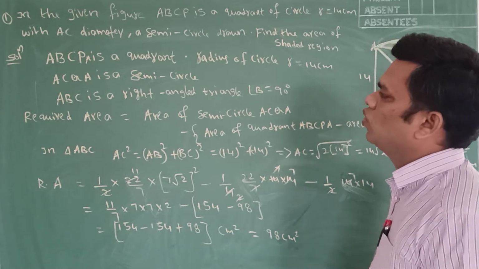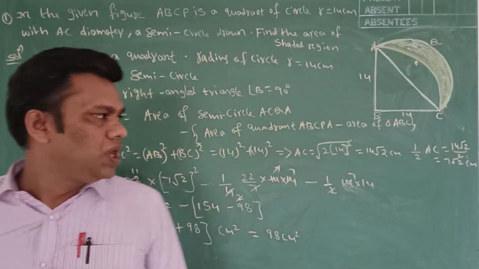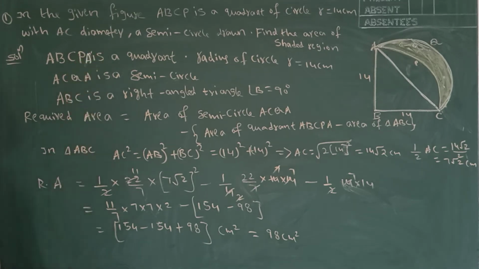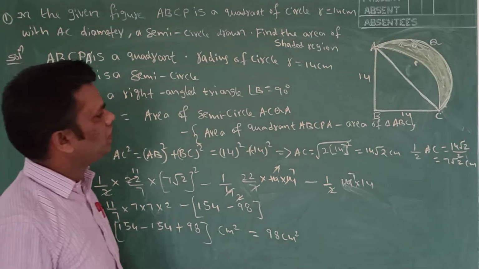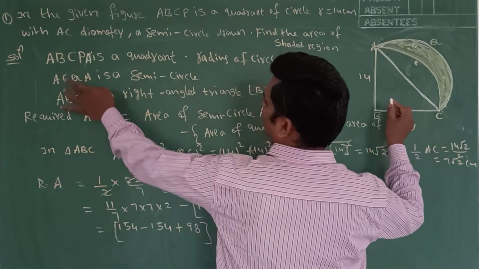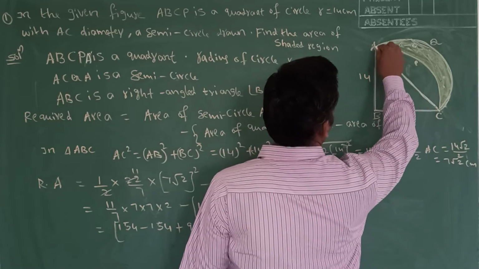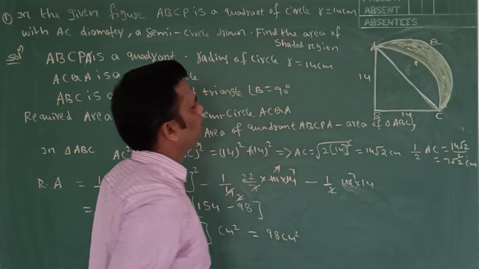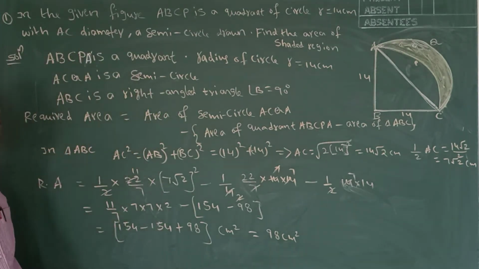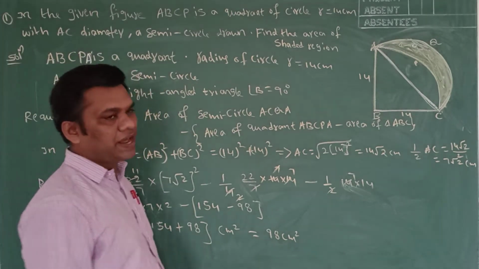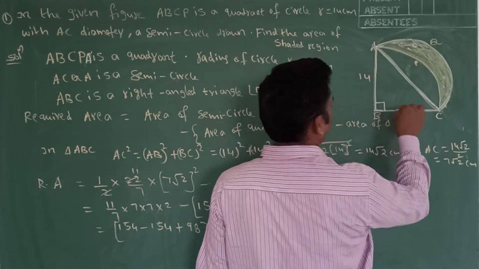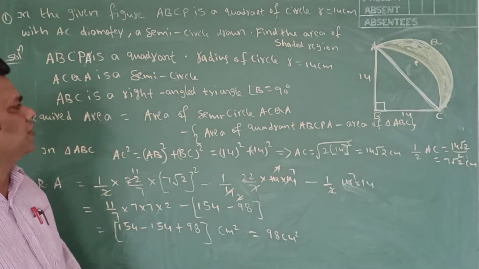Okay, so now here is the solution. ABCP is a quadrant and ACQEA is a semicircle. ABC is a right angle triangle, and angle B is 90 degrees.